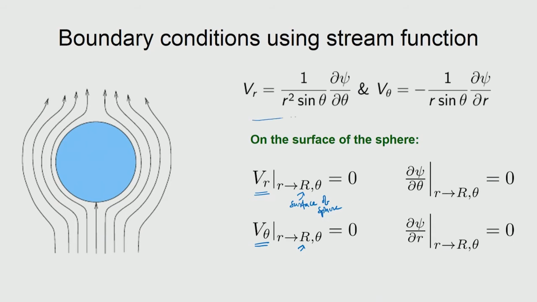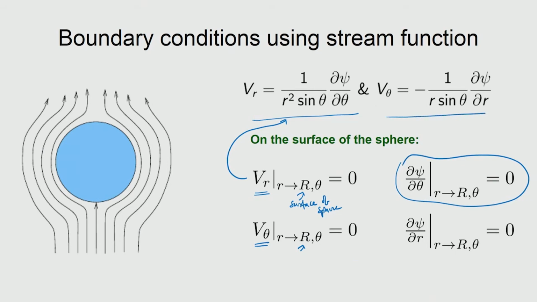If you look at the definition, when you inspect, it should also imply a condition on psi. As you can see, if Vr is 0 at r equal to capital R, that means dou psi by dou theta also should be 0 at the same condition. This is one boundary condition we get from the first condition, and using this definition, you could combine here, and then we will get the boundary condition with respect to r and theta.